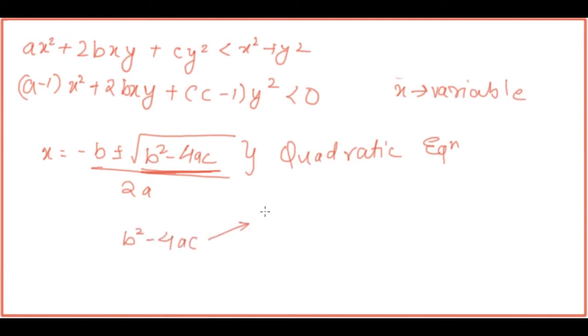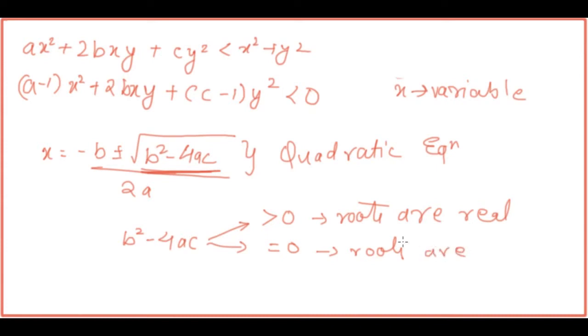If it is greater than 0, then the roots are real. If it is equal to 0, then the roots are equal. And if it is less than 0, then the roots are imaginary, right?